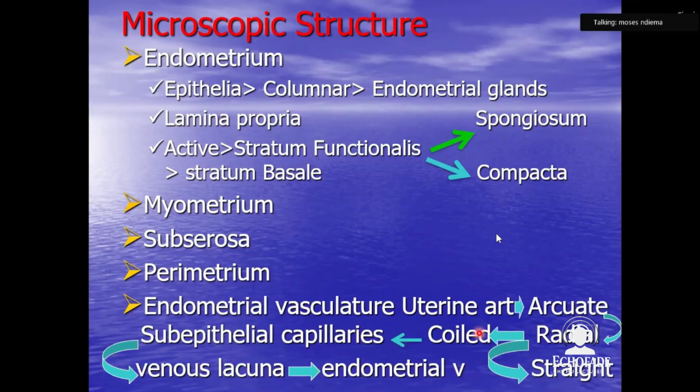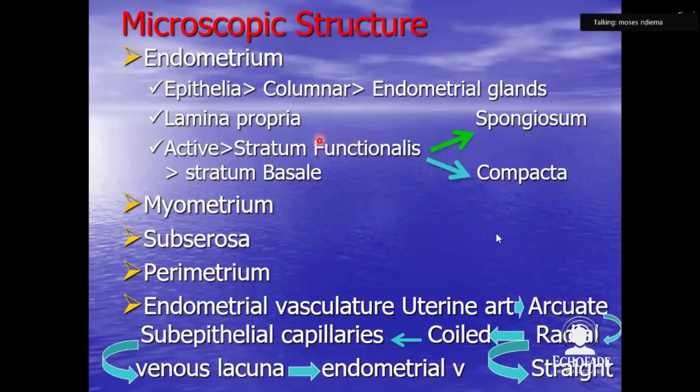When the arteries coil up, they are called coiled arteries, they constrict the blood supply to the stratum functionalis. So they deny blood supply to the stratum functionalis.